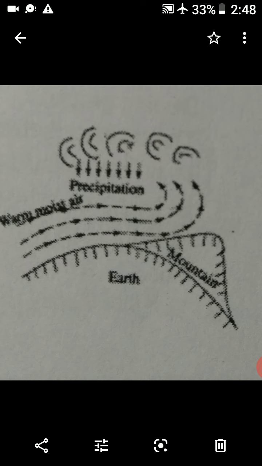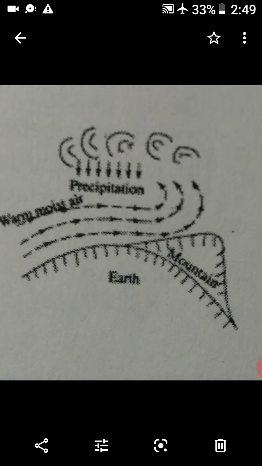When moisture-bearing winds, usually blowing from oceans to land surface, are forced far above the ground surface by the influence of the coastal mountain ranges, the cooling and condensation processes take place and the precipitation occurs on the windward side of the mountain.